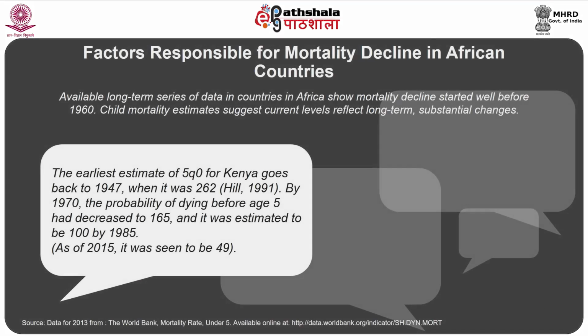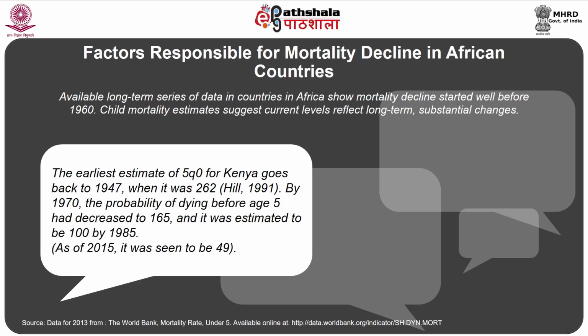In African countries where long-term series of data were available, there is consistent evidence that the mortality decline started well before 1960. A number of estimates of child mortality suggest that current levels reflect long-term and substantial changes over a period of time.